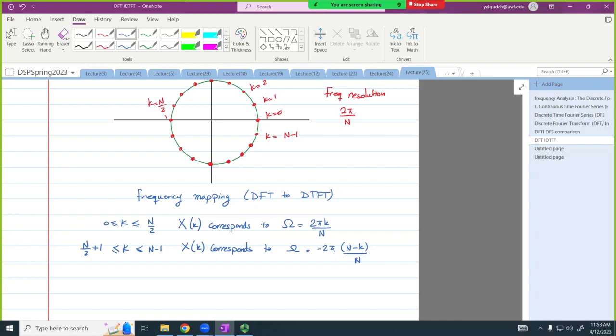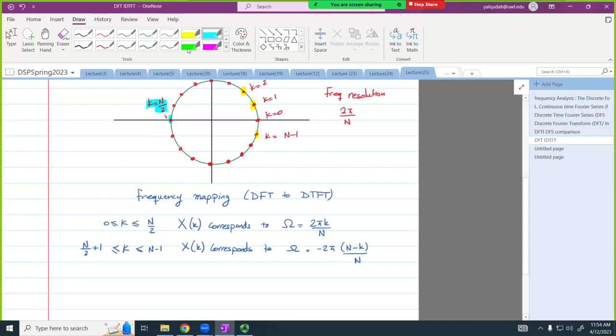K equal to 1 corresponds to 2 pi multiplied by 1 divided by N. K equal to 2 corresponds to omega equal to 2 pi multiplied by 2 divided by N. Now what I just wrote is correct all the way to this point here.